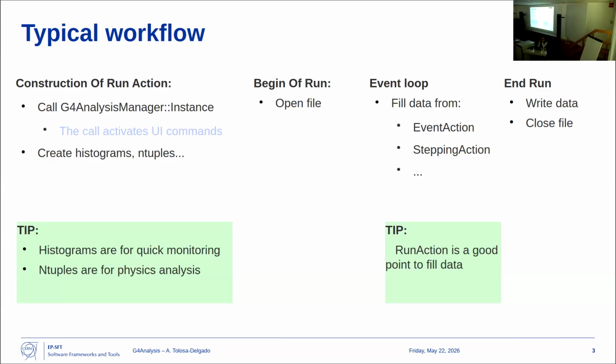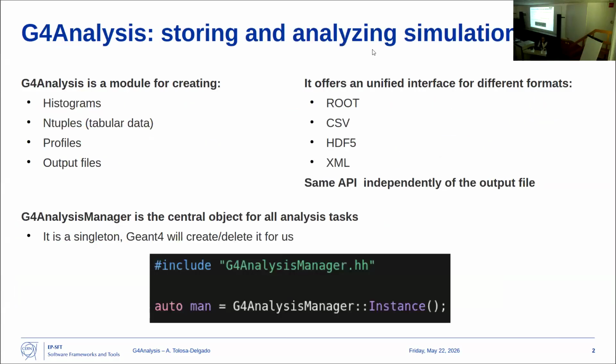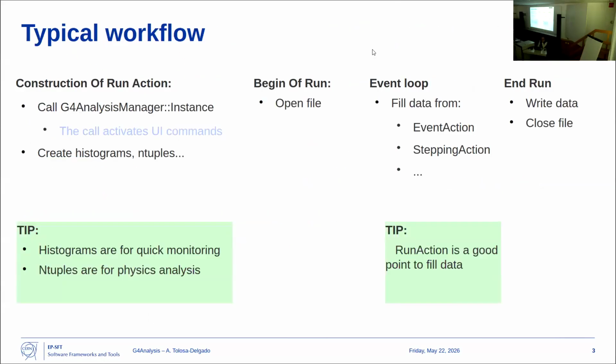In case you are not very familiar with the use case of the different objects that we mentioned here, histograms, tuples, profiles, and so on, as a rule of thumb, histograms are created just for quick monitoring. We will use it now because it's rather simple and we don't need much more, while ntuples are what you will need for actual physics analysis.